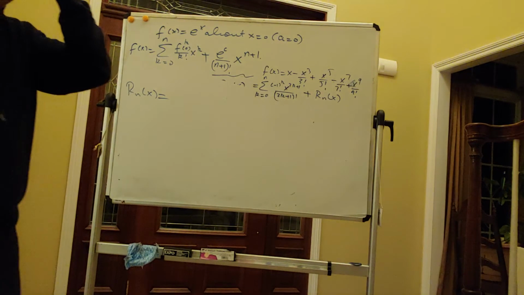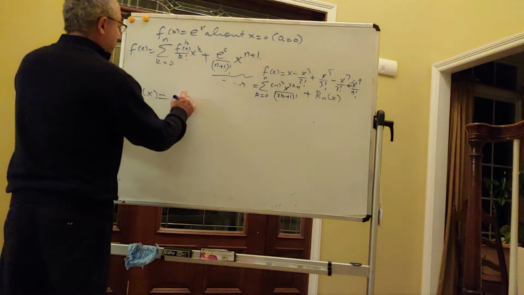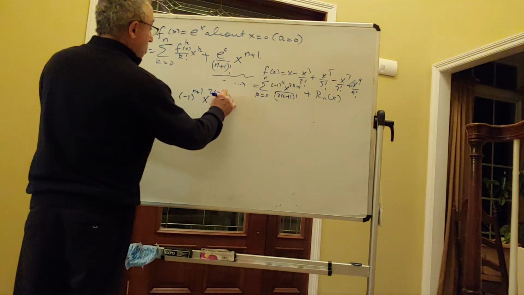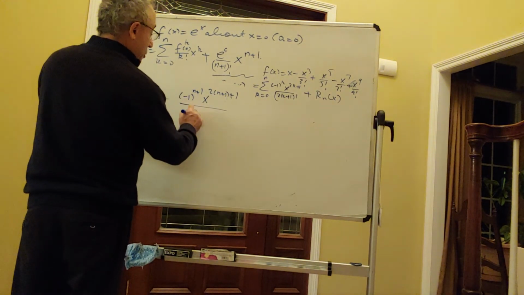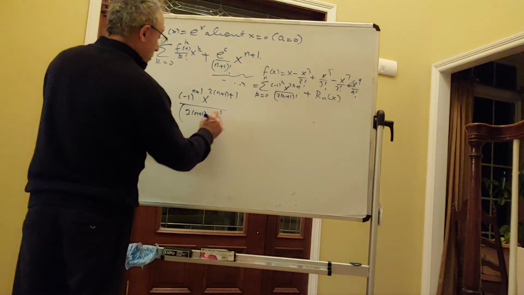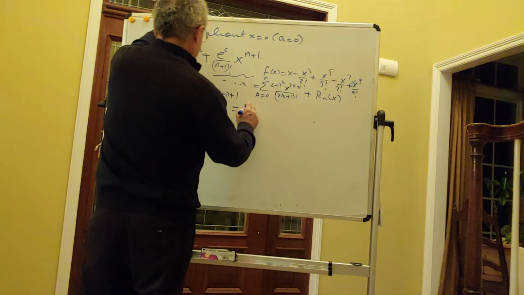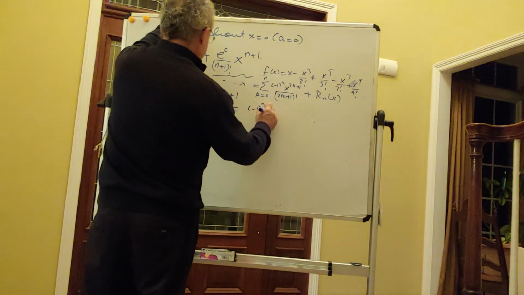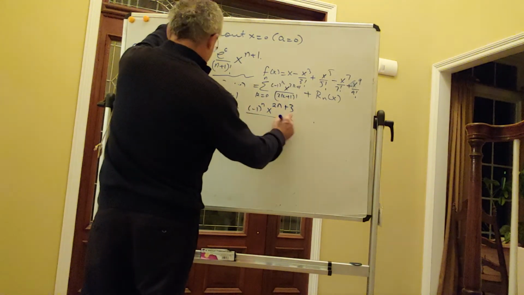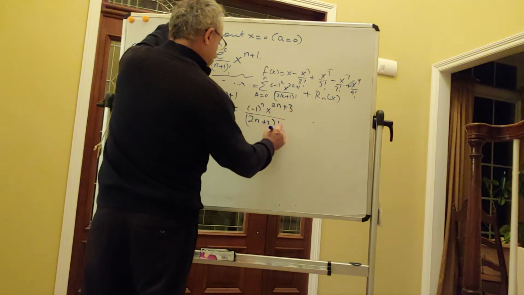Rn of x is going to be minus 1 to the n plus 1, x to the 2n plus 3 over 2n plus 3 factorial.